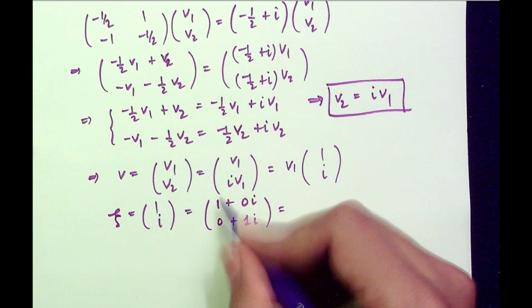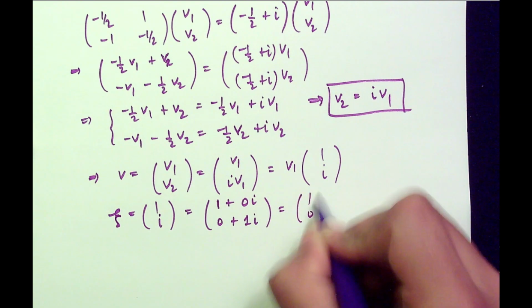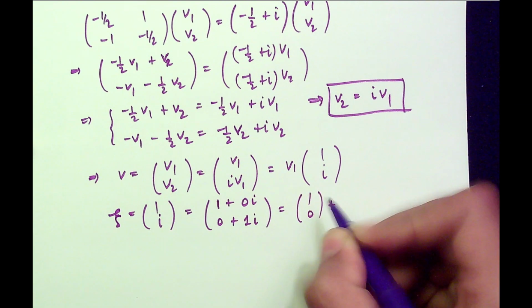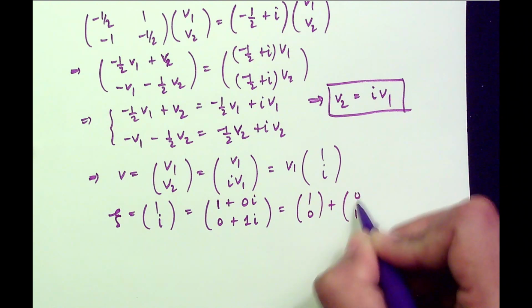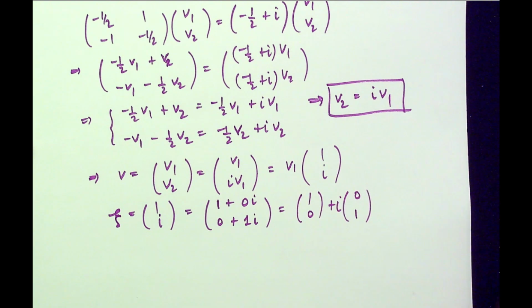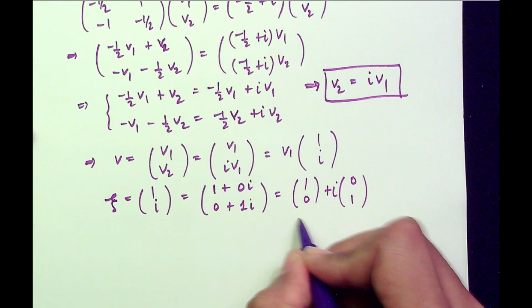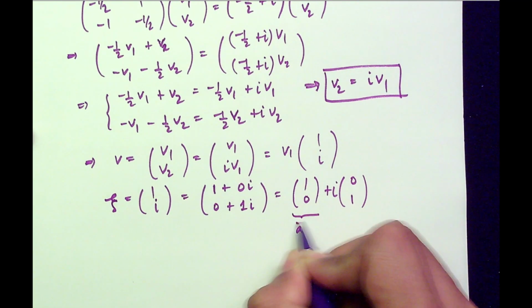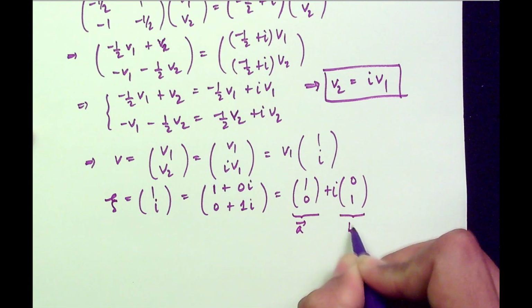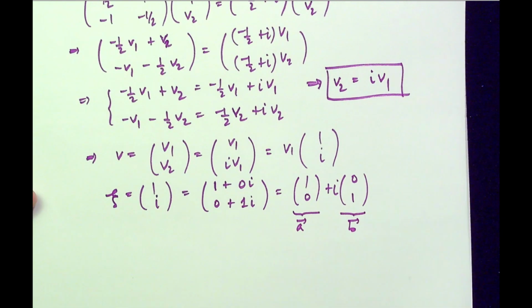Then taking the real part, that would be (1, 0) plus (0, 1) i. So this right here is my A, and this right here is my B in the theorem, in the formula.